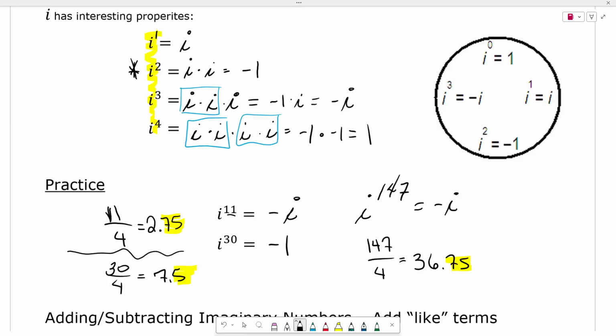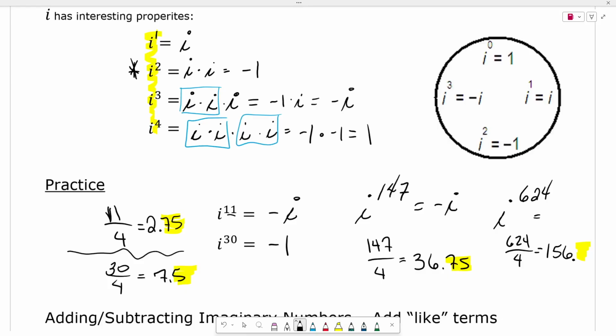Suppose I have one like this, i to the 624th power. So I do 624 divided by 4, and I get 156. There is no remainder for this one, no decimal.